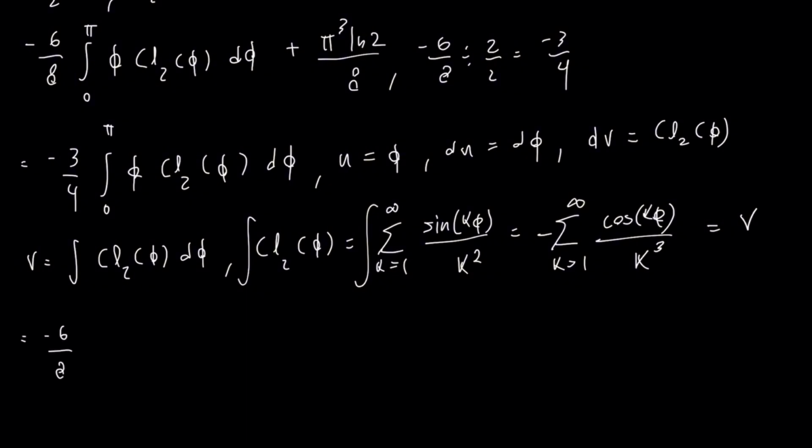So we're going to have a negative 6 over 8 u times v.